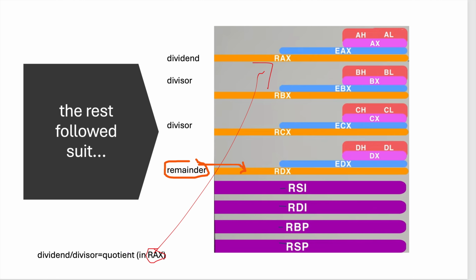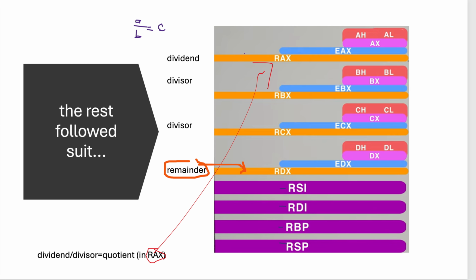In the case of a dividend and divisor, we have A divided by B equals C. A is the dividend, B is the divisor, and C is the quotient. So in this case, A would go here in RAX.